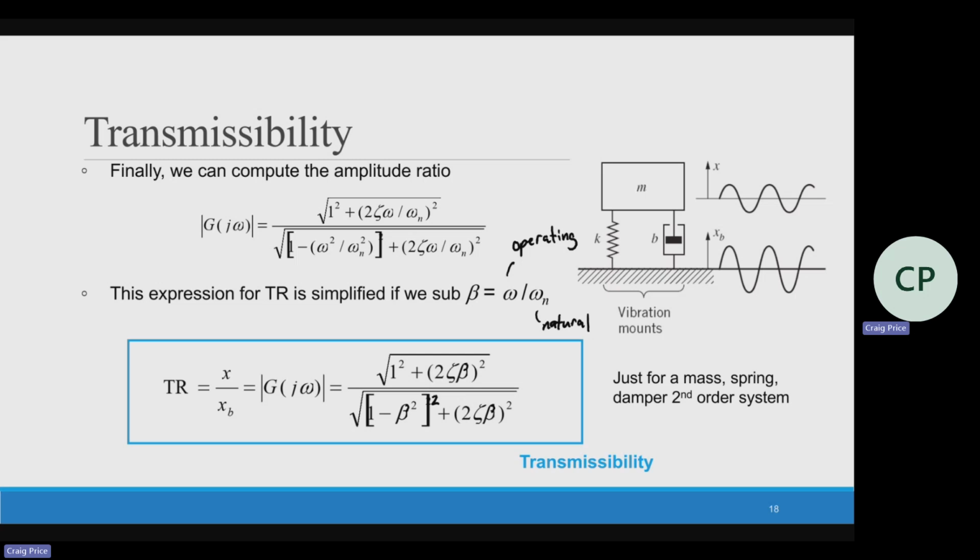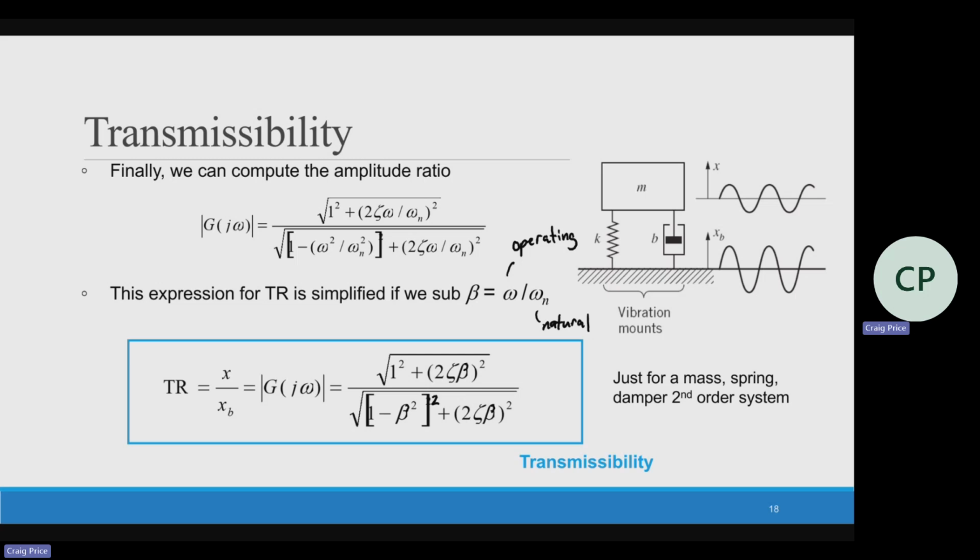And let's talk about beta. Beta is the operating frequency over the natural frequency. We know that every system has a natural frequency. So this is close to the resonant frequency. It's the natural harmonics of the system. So if beta is close to 1, that's where we're going to see the maximum transmissibility.